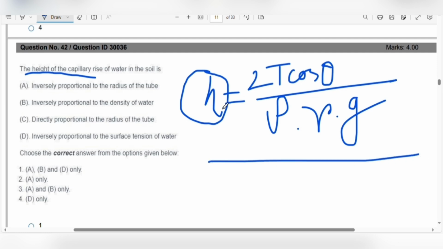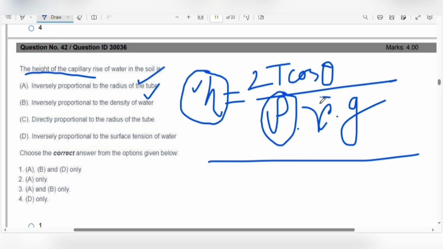So the option A says inversely proportional to the radius of the tube. We can see h is here, r is here, and it is inversely proportional to the radius of the tube. That's correct. Second option says inversely proportional to the density of the water. Here you can see rho is in the denominator. So this is also correct. What C says, directly proportional to the radius of the tube.